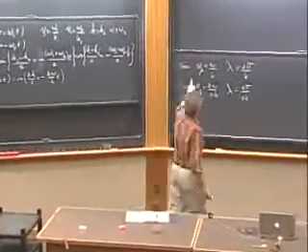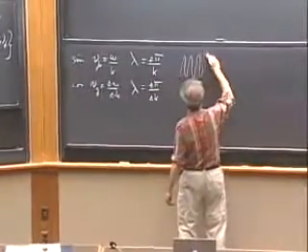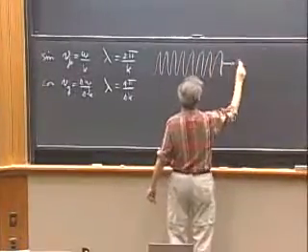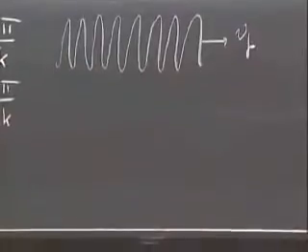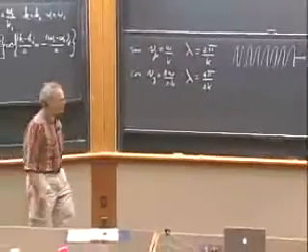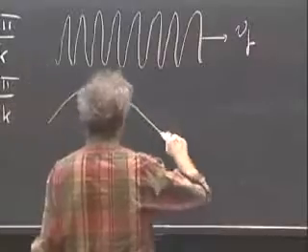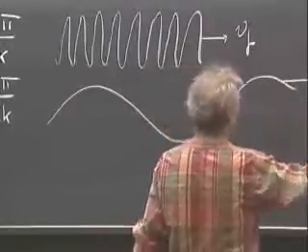If I made a curve of the sine curve, you would see this. And that moves with the phase velocity, say, in the positive direction. If I make a plot of the cosine, that would be like this. And that would move with the group velocity.